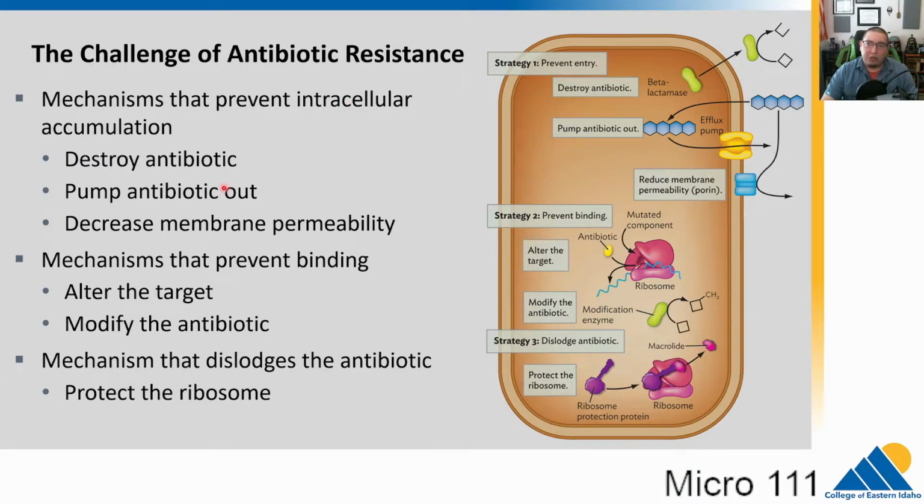Another option is to pump the antibiotic out of the cell. So the antibiotic gets in, but then the cell pumps it right back out before it can accumulate. Or you can decrease membrane permeability, so you block the pores that would allow the antibiotic to come in. Those are all strategies to prevent entry.